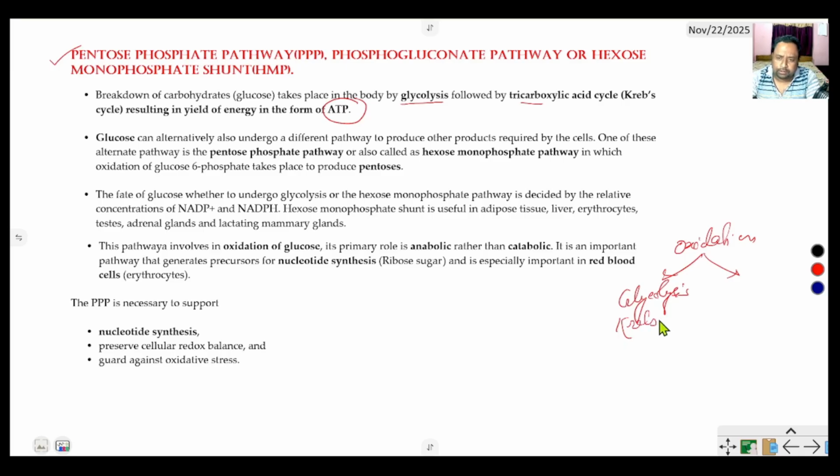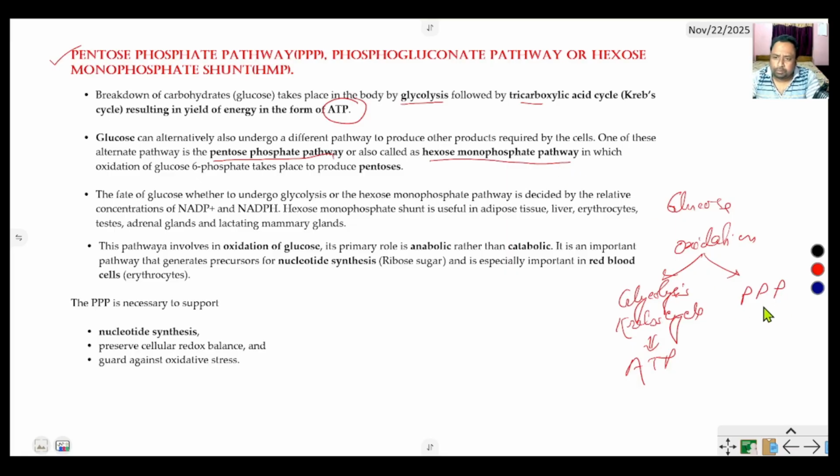By this process, the body generates ATP. But there is another alternative pathway called the pentose phosphate pathway. Glucose oxidation also occurs by the pentose phosphate pathway, also called the hexose monophosphate shunt.